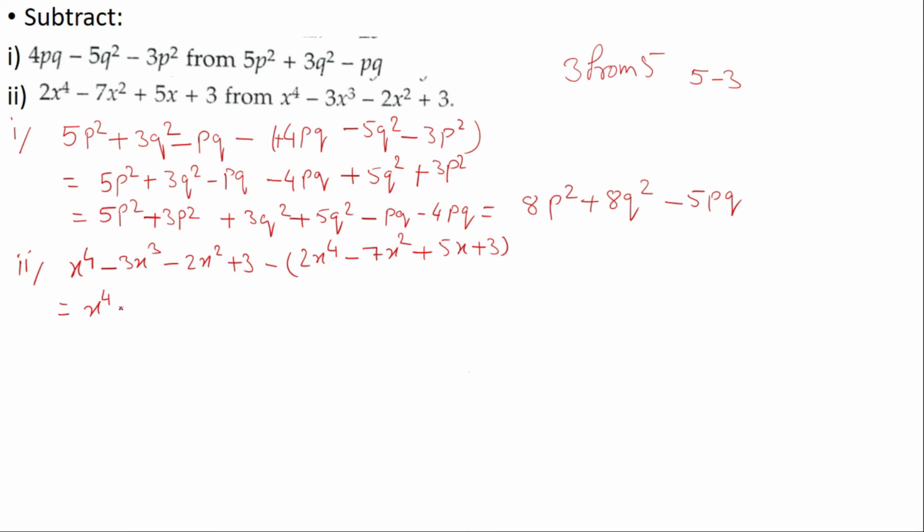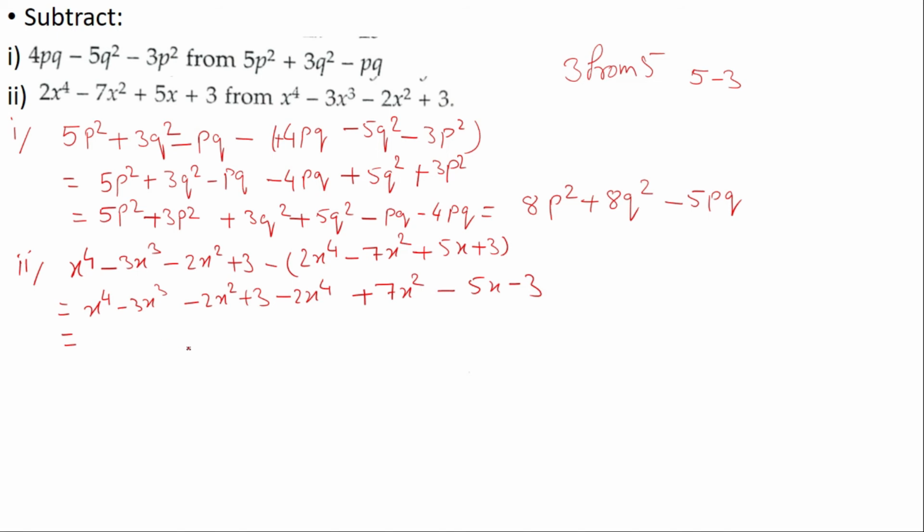Then x to the power 4 minus 3x cube minus 2x square plus 3, it will be minus 2x to the power 4 plus 7x square minus 5x minus 3.